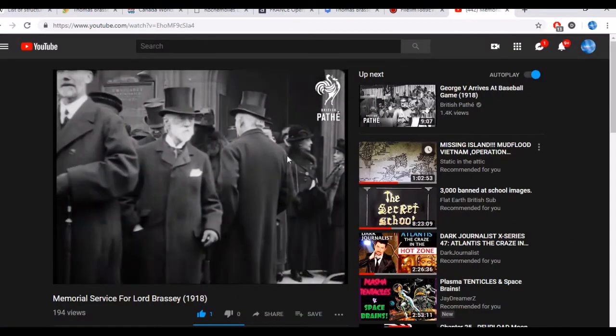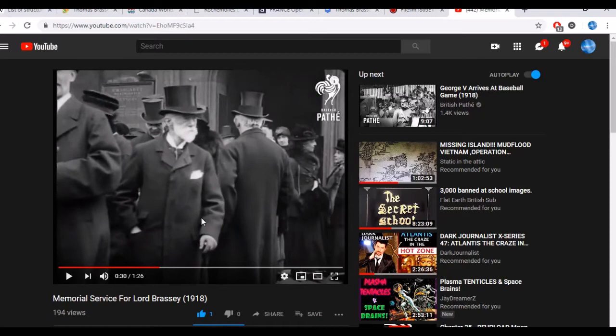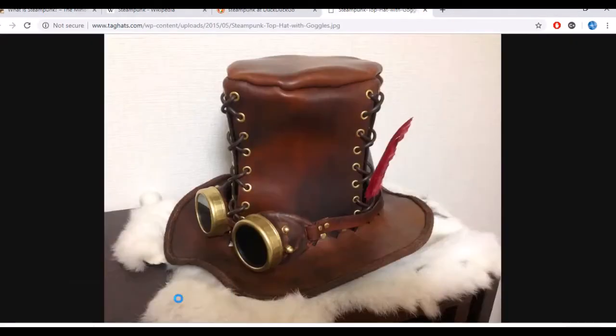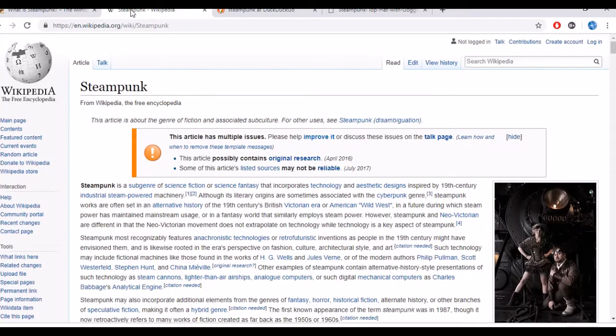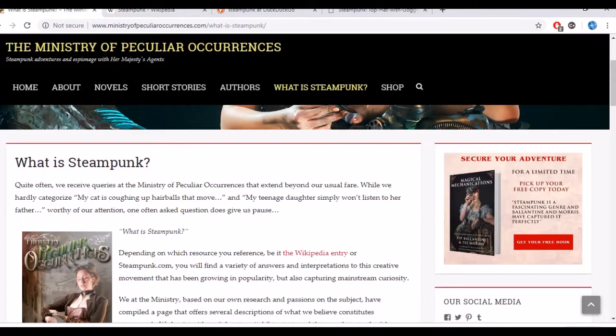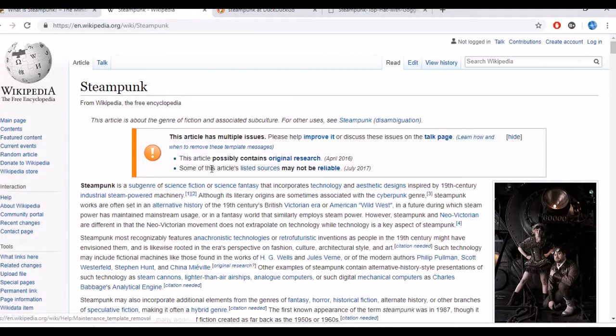So before we go any further, I want to have a look at this. Steampunk. Yeah, is that cool? Isn't that cool? Right. Steampunk. Wiki's got a good entry on steampunk, but I've also got this one as well for an alternative look.